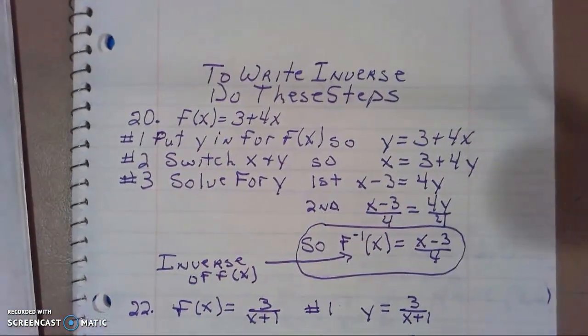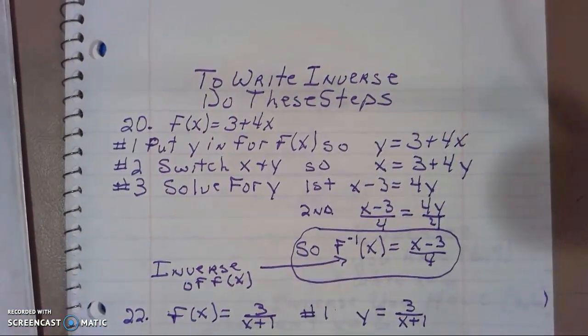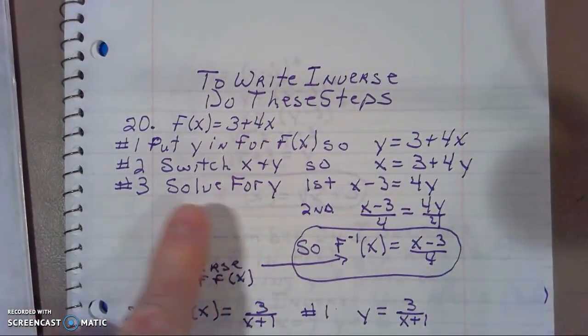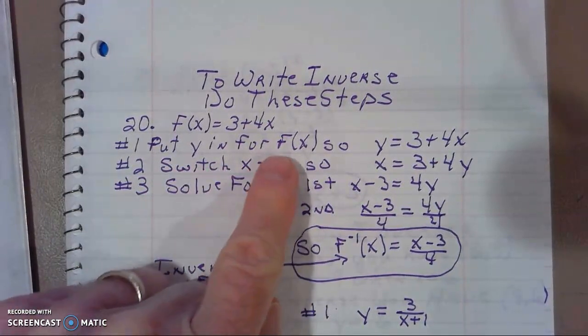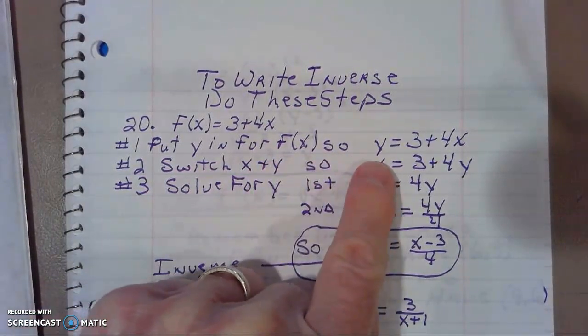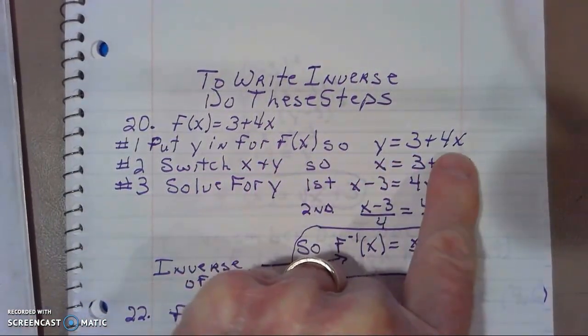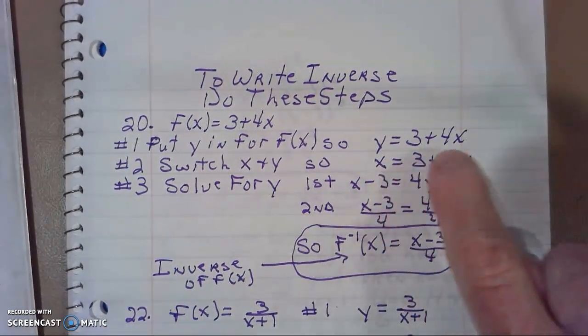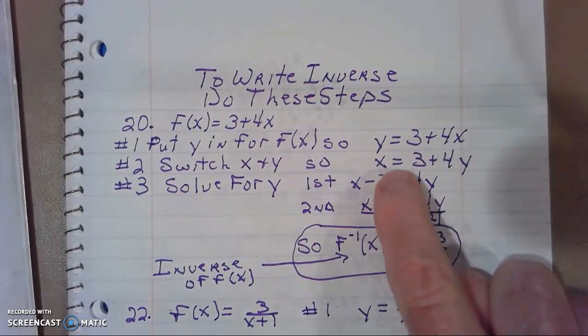Now, if you're given an equation and you're asked to write it as an inverse, such as 3 plus 4x is our function, the first thing you do is put y instead of f of x, so y equals 3 plus 4x. Then, step 2, switch x and y around.